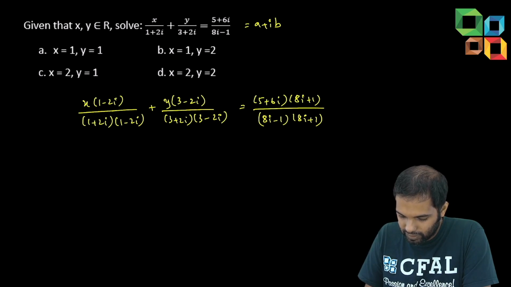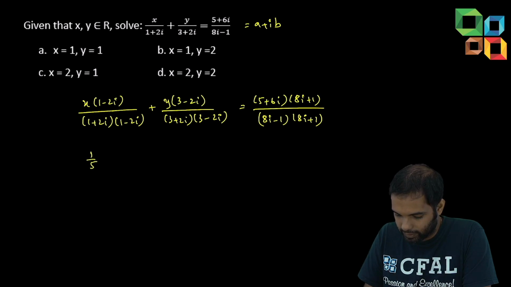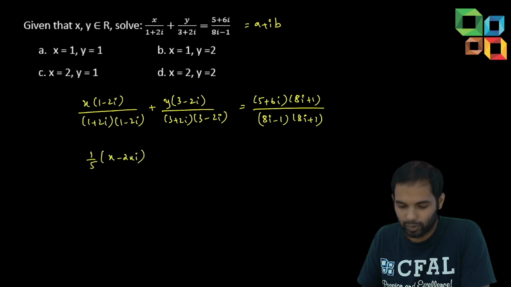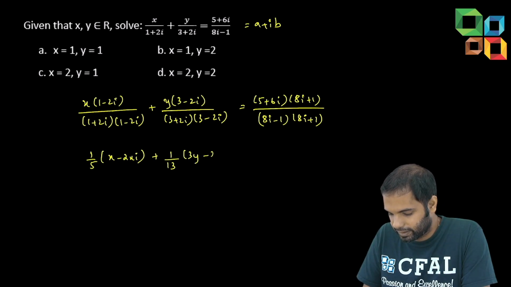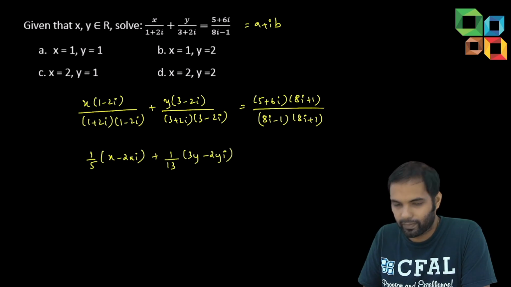So I'll write the denominator separately. So it is 1 plus 4. So it's 1 by 5 into x minus 2xi, plus 9 plus 4. So 1 by 13, right, into 3y minus 2yi. Okay.